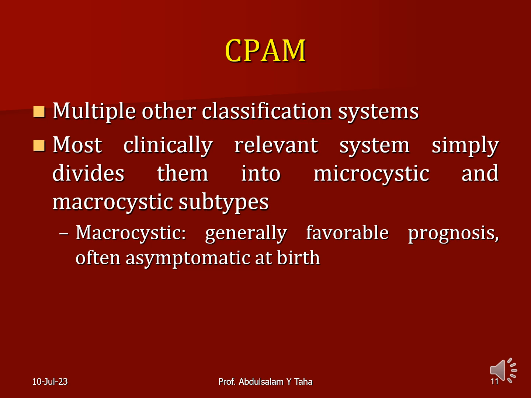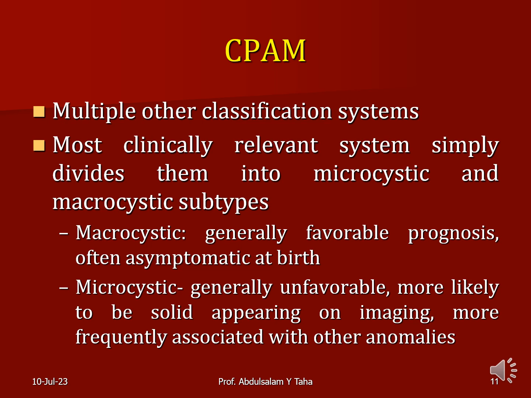Macrocystic CPAM lesions generally have a favorable prognosis and are often asymptomatic at birth, while the microcystic lesions generally have an unfavorable prognosis, are more likely to be solid appearing on imaging, and are more frequently associated with other anomalies.